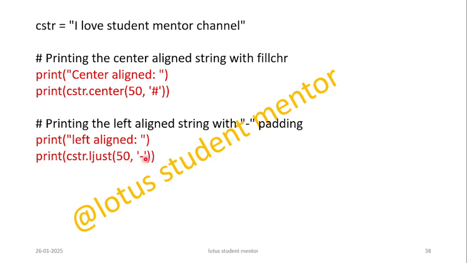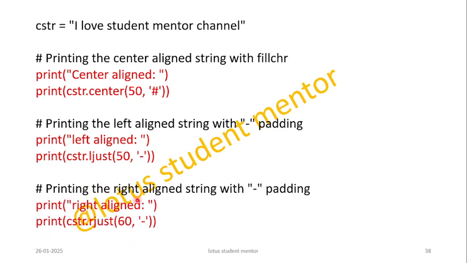After the left-aligned text, the total is 50, of which 29 are occupied by "I love student mentor channel", including the gaps, and the remaining is filled with the hyphen symbol. The third case is right alignment: CSTR.rjust. The text is right aligned, and the remaining is filled with the symbol. Let us see how it works practically.